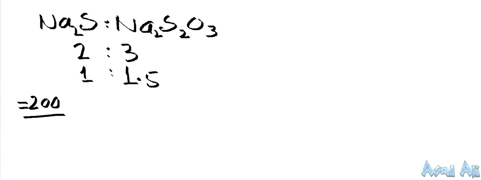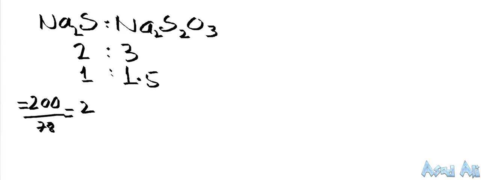Now I have removed that part of the screen because I wrote the question wrong. 2 moles of Na2S produce 3 moles of sodium thiosulfate. So we will write it again here. Now 1 mole will produce 1.5 moles. We will calculate the moles of Na2S first. To calculate the moles, divide 200 by 78, the molecular mass of Na2S.